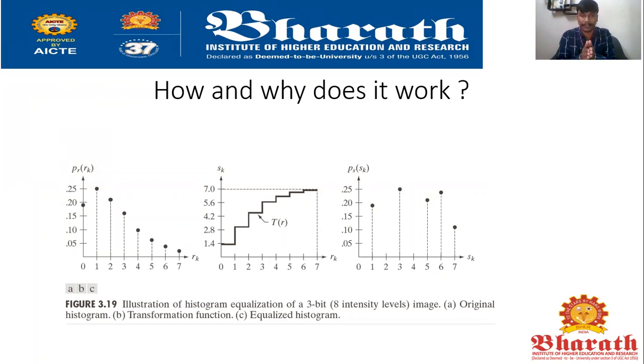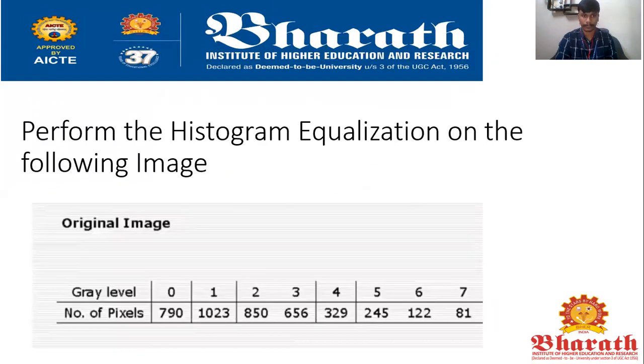Once the transformation function is completed, it will produce the output. That output will be equalized with the histogram, where it will have the same histogram but with clear and more perfect content, and more knowledge can be derived from the output. So like this, the histogram has its working, transformation and equalization process.